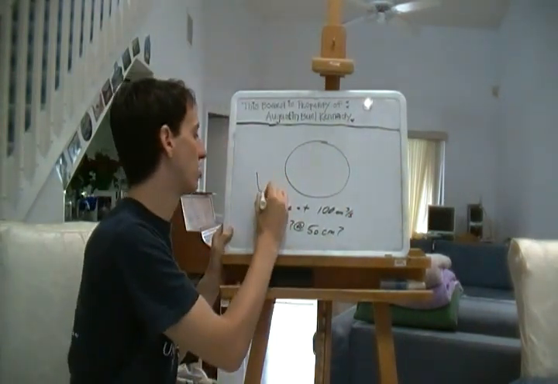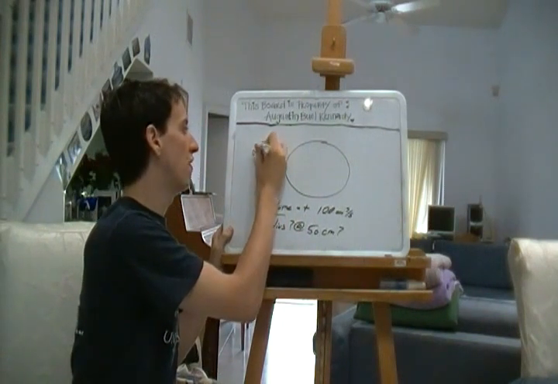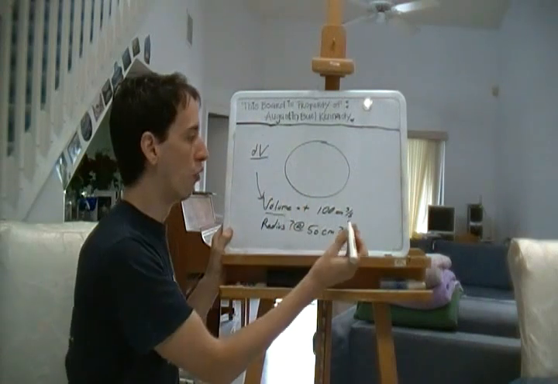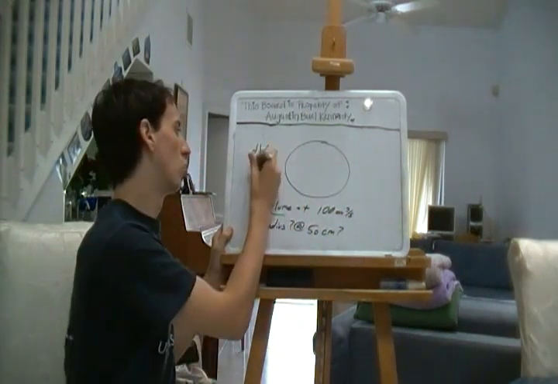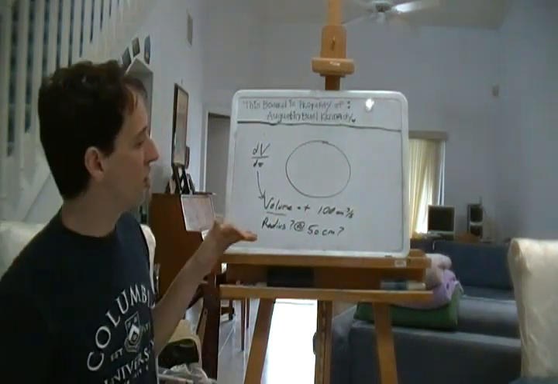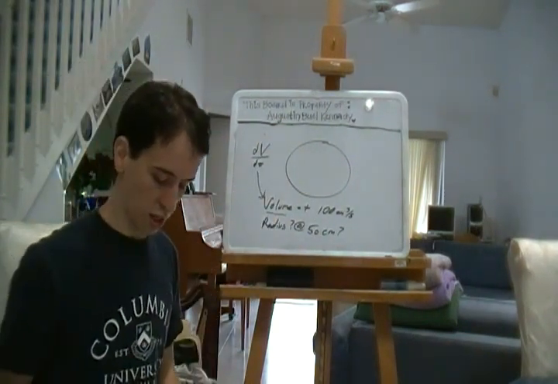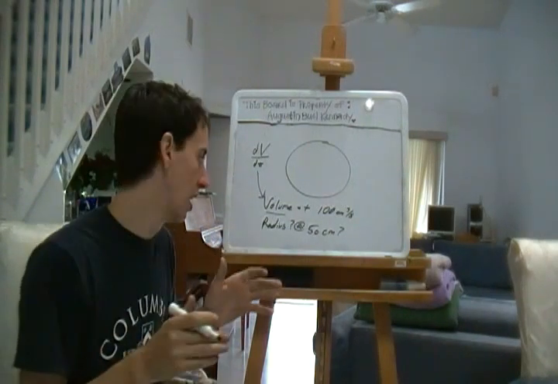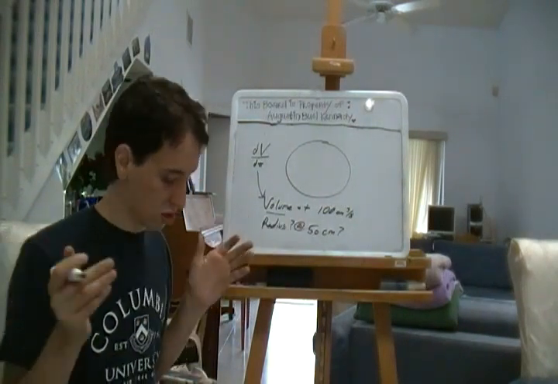We could say this is dV, we'll let volume equal V, over the change in time, which we'll call dt. And we want to know what the radius is doing, how it's behaving at 50 centimeters.